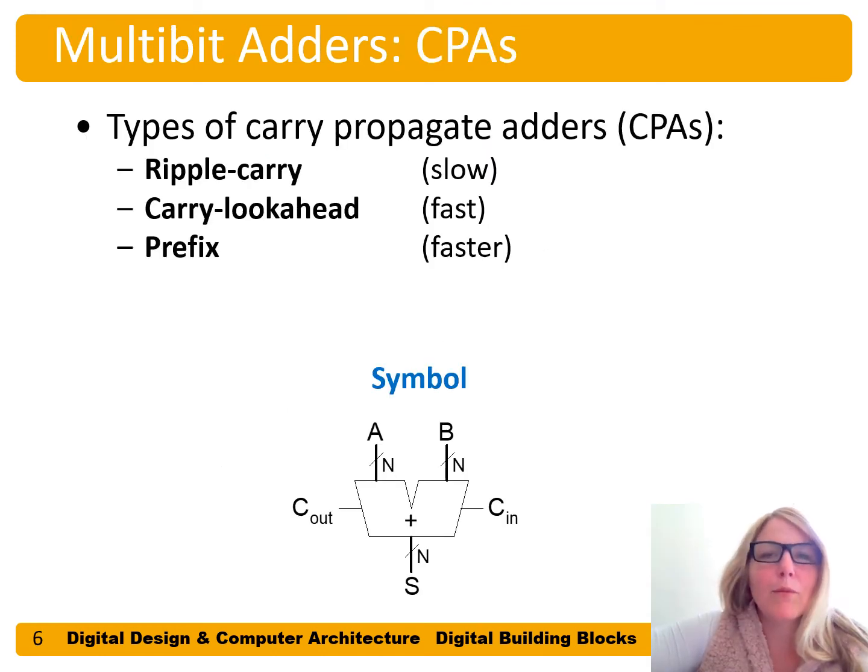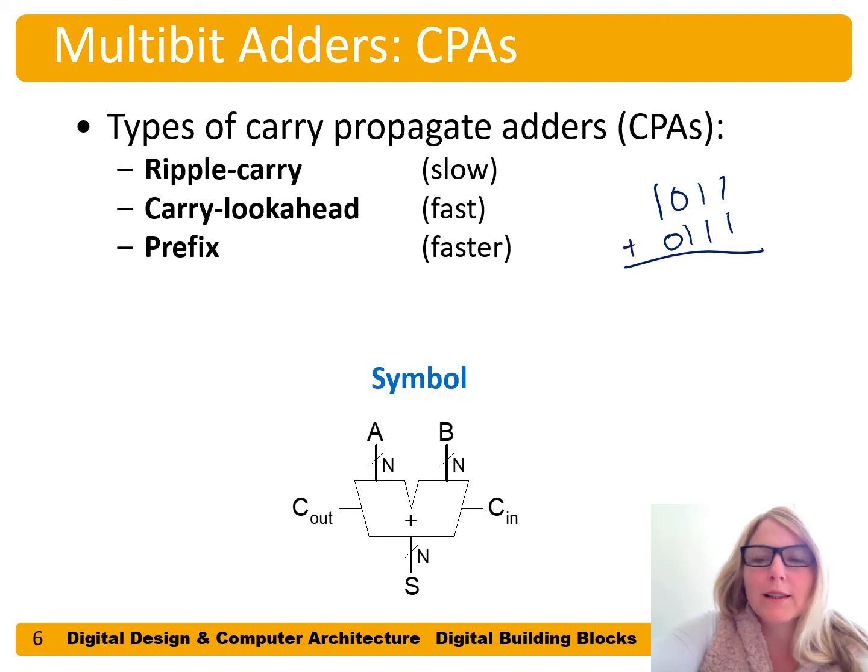So now let's talk about multi-bit adders or carry propagate adders. These adders propagate the carry from one column to the next. So just like we saw in our last example, we have some numbers that we're adding together, in this case 4-bit numbers. So n would be 4, 1 plus 1, 0, and then that carries the 1.